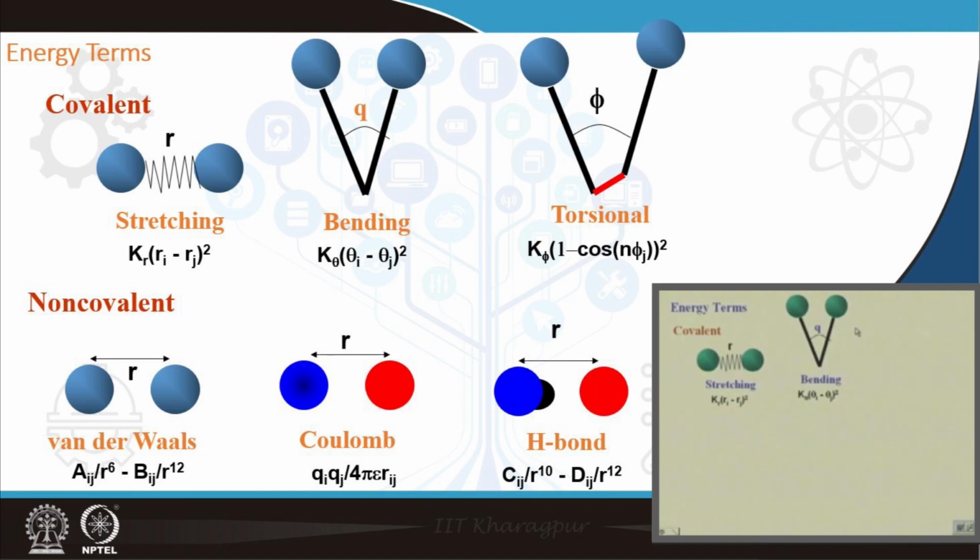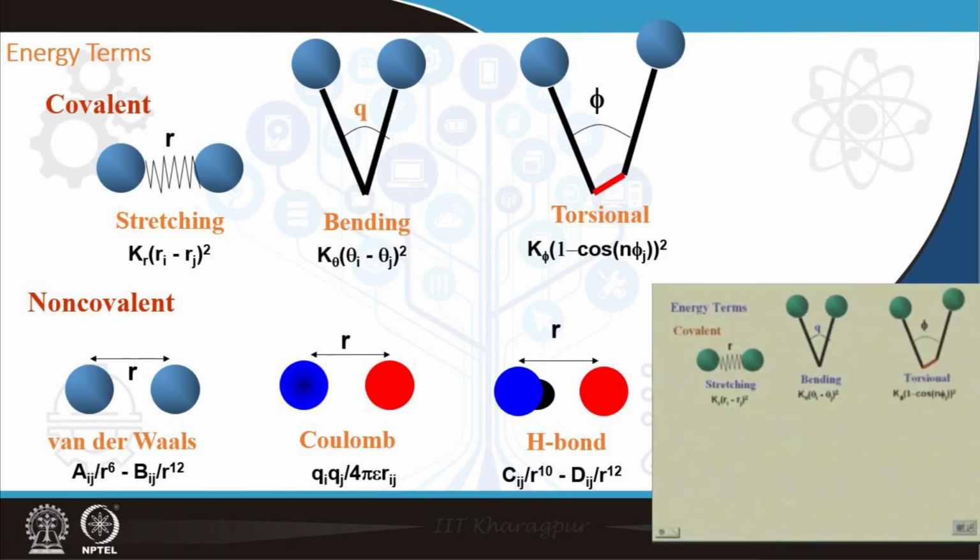These are called energy terms that are added to the total energy that the protein is going to have. Now you understand that this is going to get extremely complicated if you want to do a computation, because the number of atoms is huge. But nevertheless, these are the components that form the total energy.